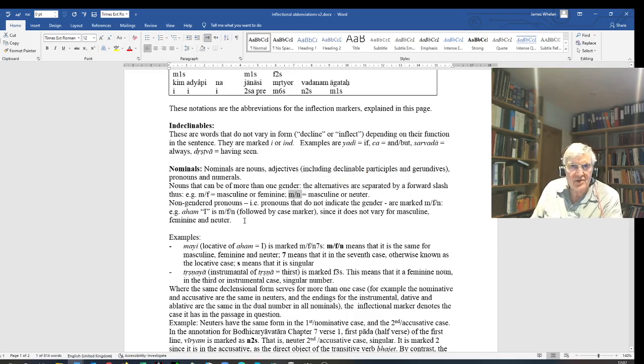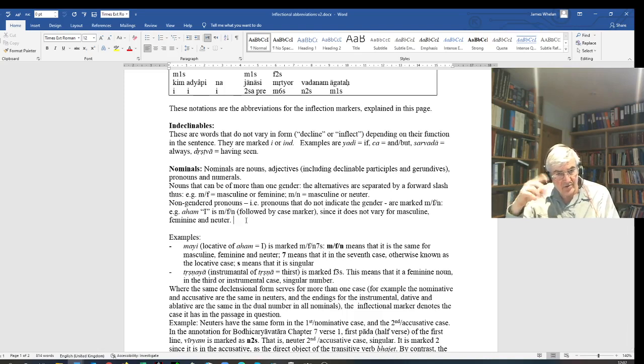The same applies to non-gendered pronouns. In the third person, he, she, it, Sanskrit and Pali, same as we do in English, make the distinction between masculine, feminine, neuter. Whereas the first person, I, we, and the second person, thou, you, they do not, neither Sanskrit nor Pali distinguishes.